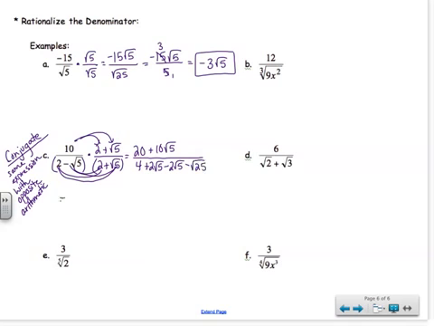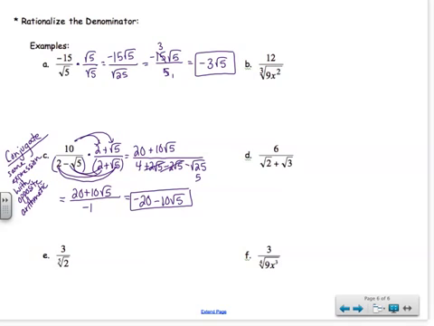Now, if I simplify this, I'm going to leave my numerator, 20 plus 10 root 5. And in the denominator, notice that this is the beauty of multiplying by the conjugate. The outers and the inners will turn into 0. And then I just have this root 25 is really 5. So I have 4 minus 5, which is negative 1. And then I'm just going to divide each term by negative 1. So negative 20 minus 10 root 5. And that's my final answer.